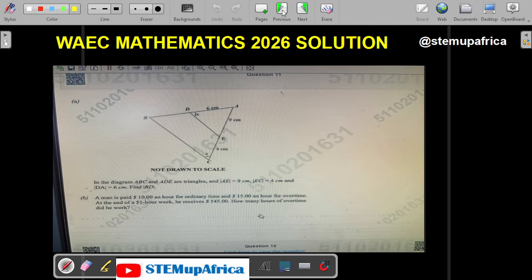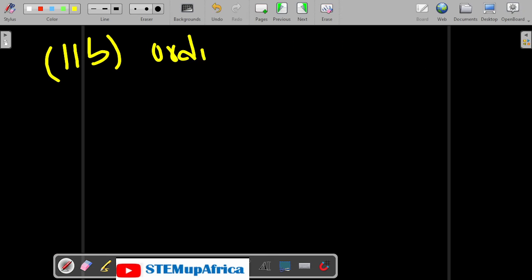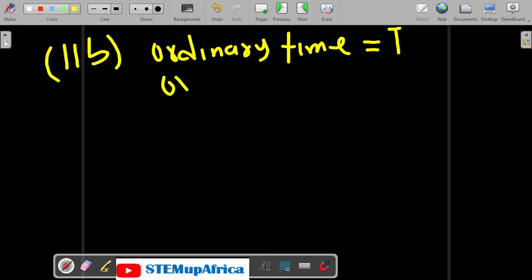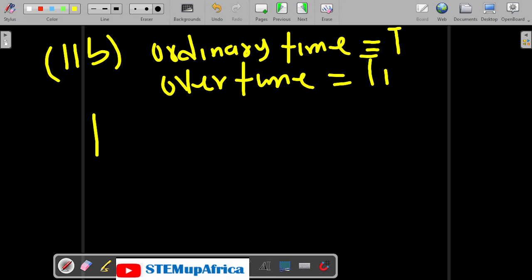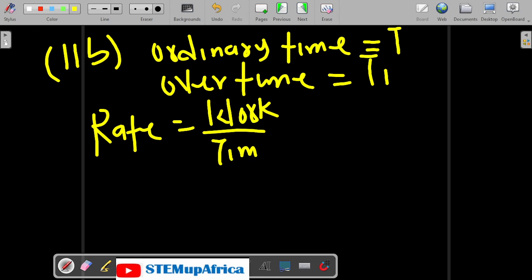So we have two times here: the ordinary time and the overtime. Let's call the ordinary time T, and the overtime T1. We know that rate of work is work over time, which is the amount you work is equal to the amount you earned.